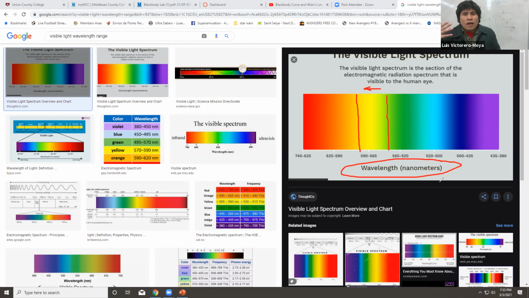When the electromagnetic wave is moving away from you, what happens with the wave? It compresses or it stretches? Stretches. So then the wavelength has to increase and the frequency decreases. That is the idea of the Doppler effect.